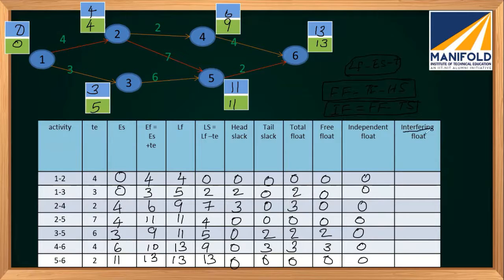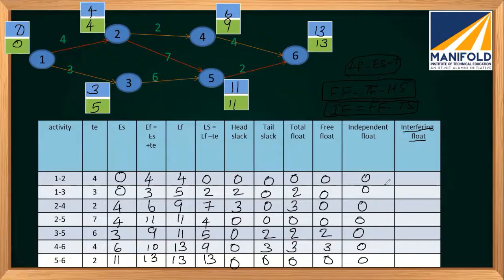There is a term sometimes seen, which is known as interfering float. Interfering float is nothing but our head event slack. So it will be the same as head event slack. It is the float whose delay can delay the starting of the following activity.